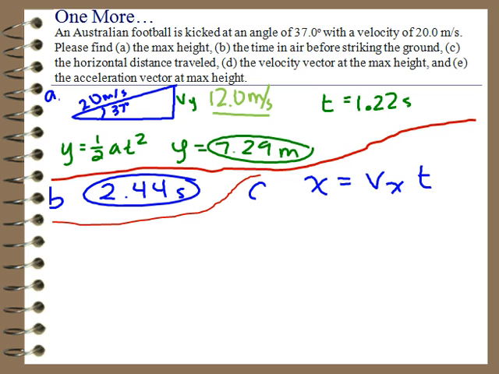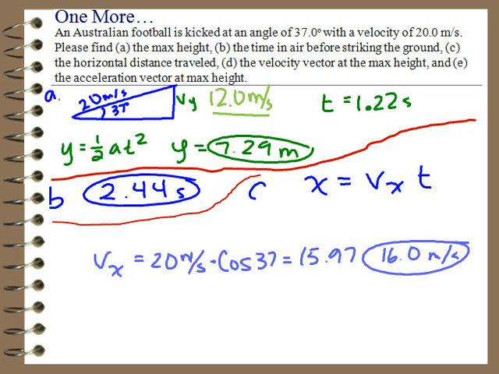But we need to find that velocity in the X direction, and we'll go back to our trig functions on a triangle, and we will get that. We'll have to use cosine. The cosine of 37 degrees times that 20 meters per second, and we should get about 16.0 meters per second. I already rounded for significant figures on that.